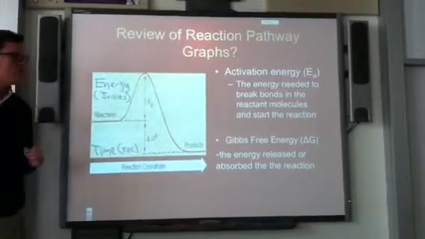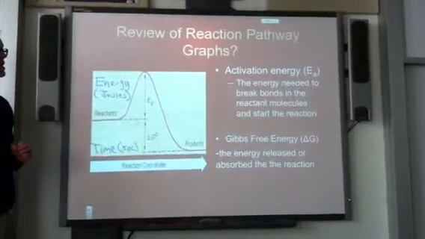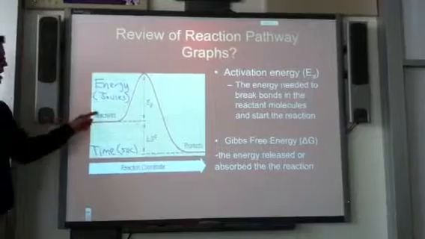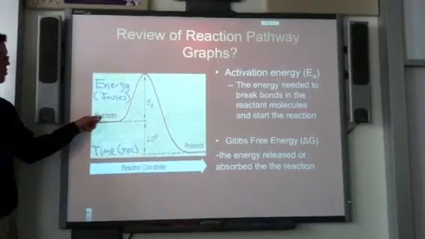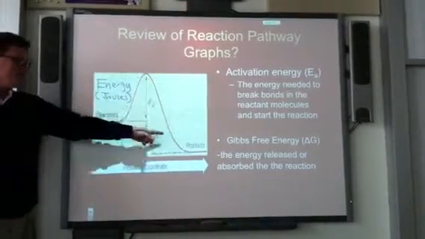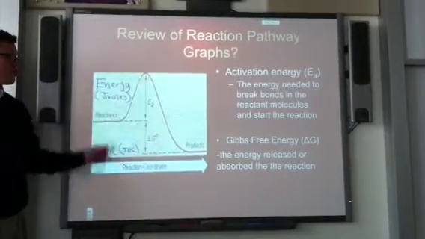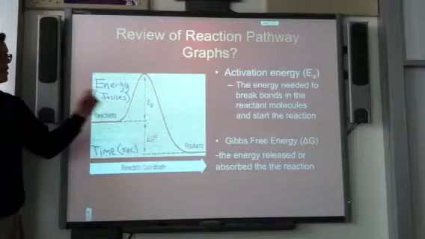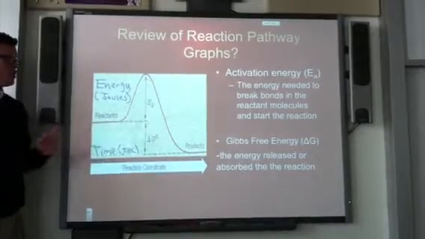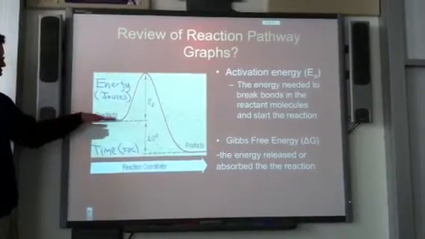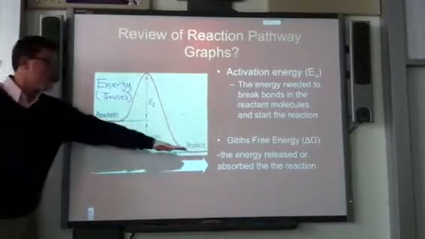Your energy of activation is defined over there on the right. That is the energy needed to break the bonds in the reactant molecules so that they can recombine and form the products. So this is the energy to start the reaction. Okay? The Gibbs free energy, or delta G, is the change in energy between reactants and products.